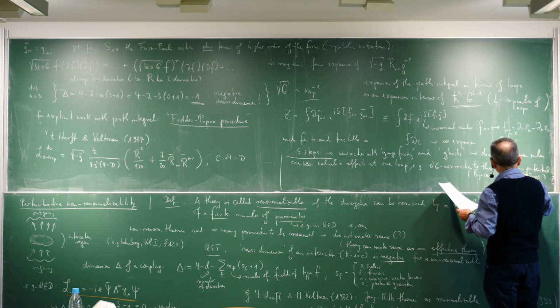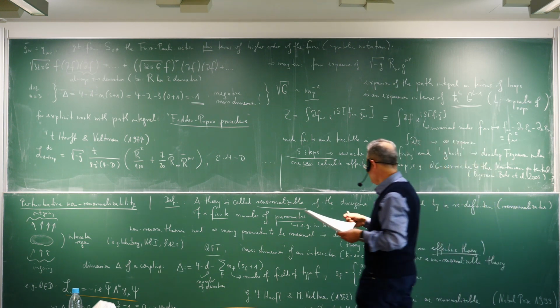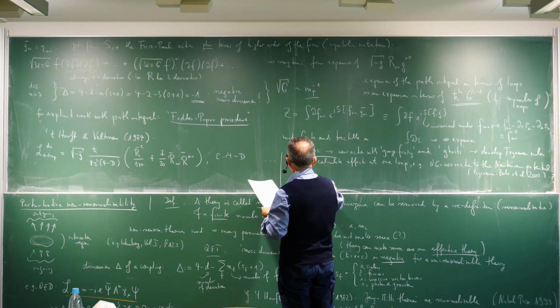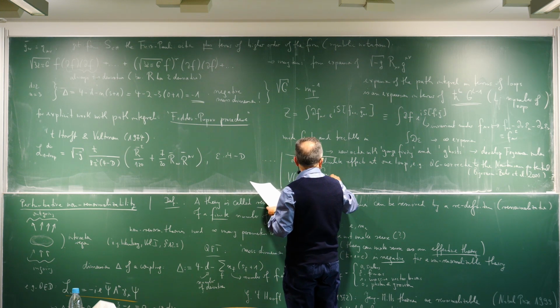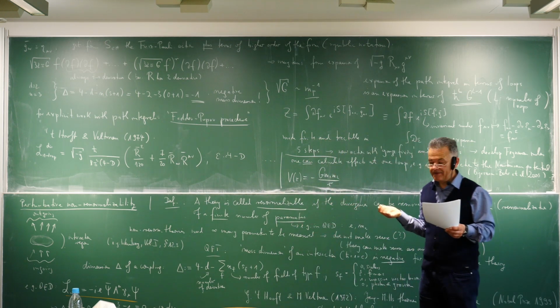Bjerrum-Bohr in Copenhagen, so a relative of the famous Niels. And what was found was the potential V. So if you have two masses, M1 and M2, they attract each other by this Newtonian potential.